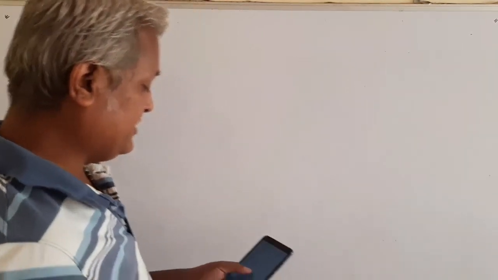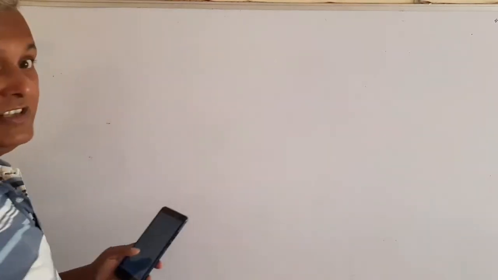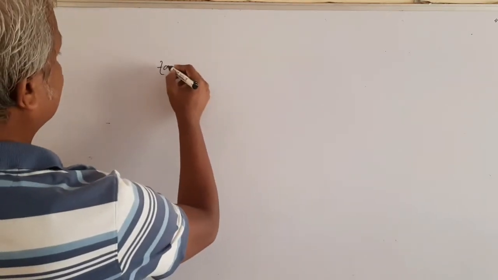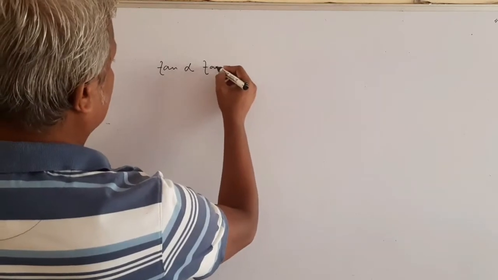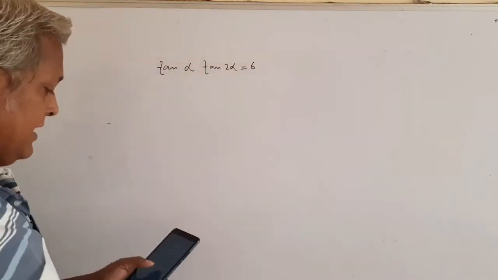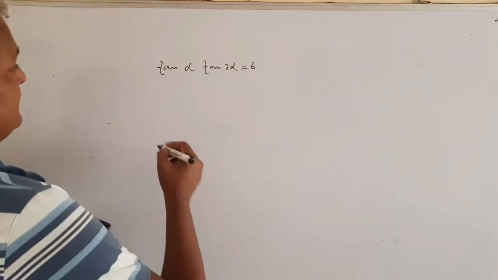Now this is another question. It says solve. You are given tan 2 alpha equal to 6, and the question says find all possible values of tan alpha.